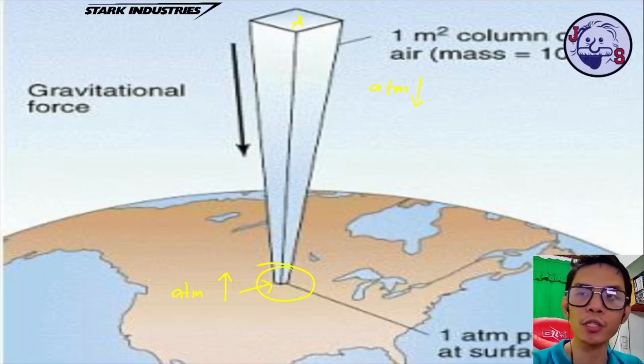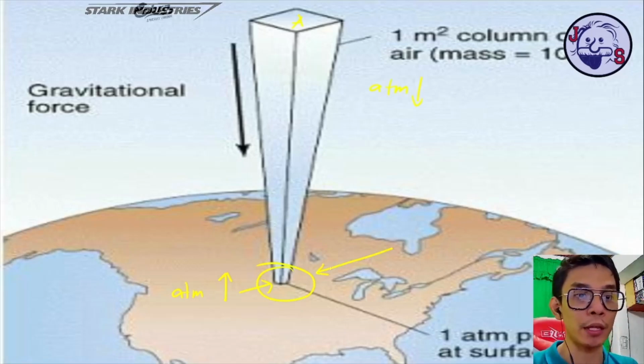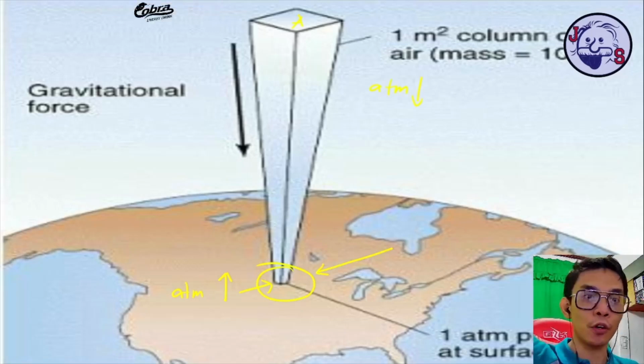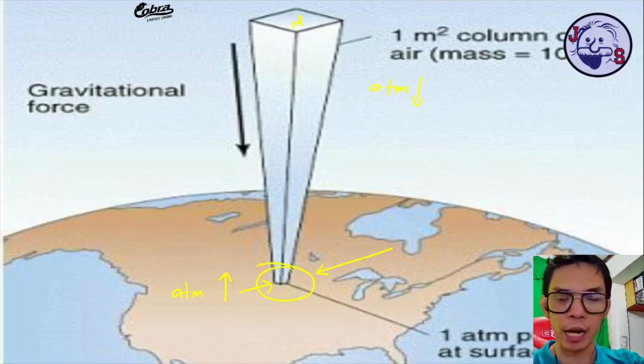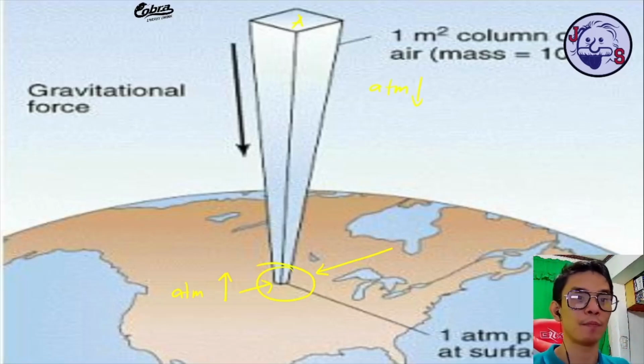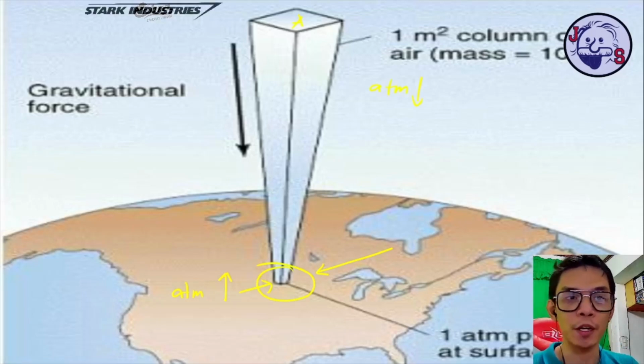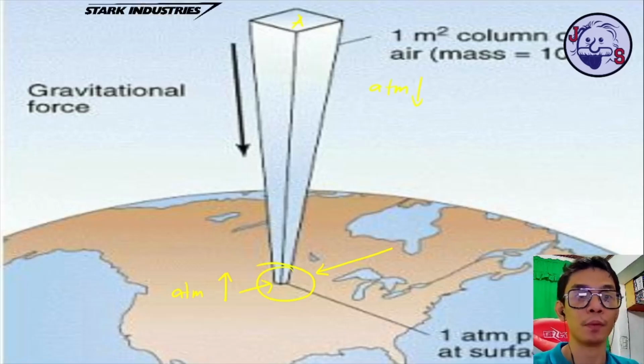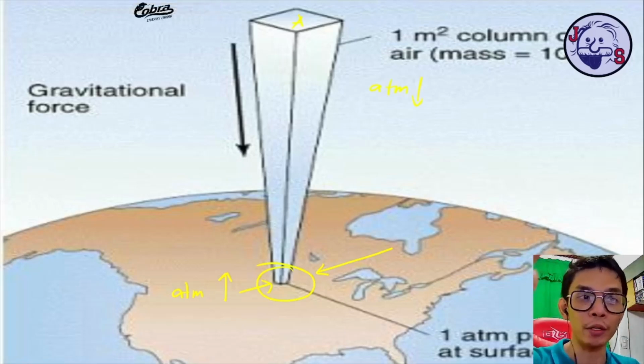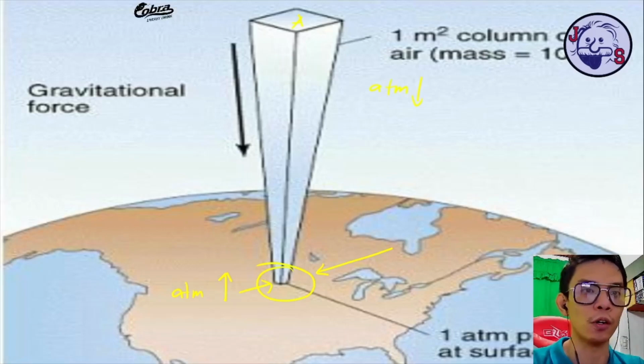The air molecules on the surface of the earth are not separated as much, unlike in the higher atmosphere, like the stratosphere, mesosphere, and even the exosphere, the thermosphere, the ionosphere, where the air molecules are greatly separated. That is why the pressure there is lesser compared to the surface. Those are the things you should take note of about atmospheric pressure.